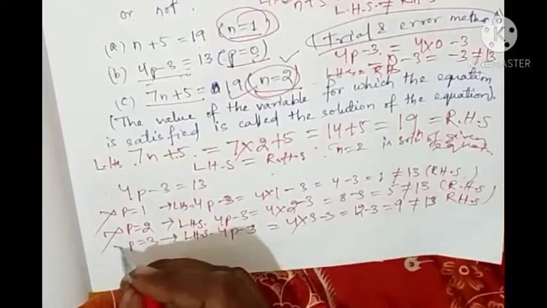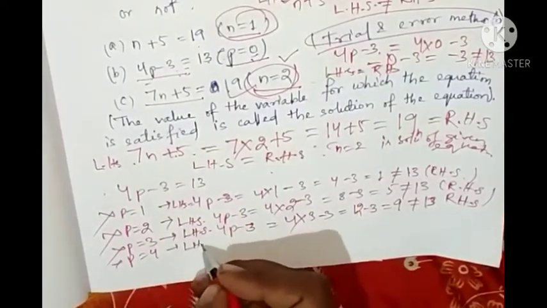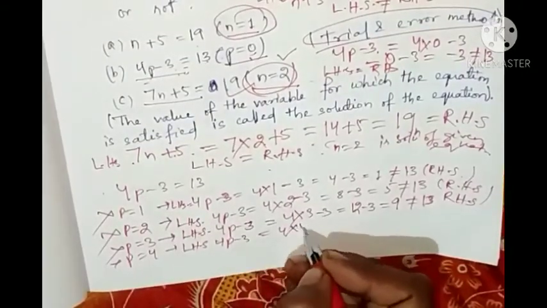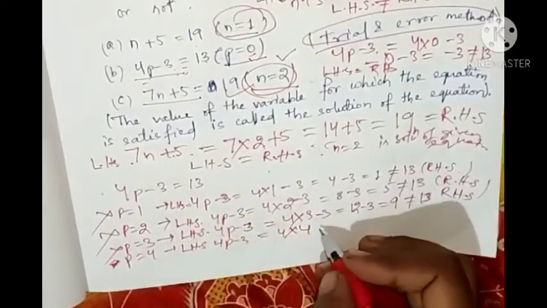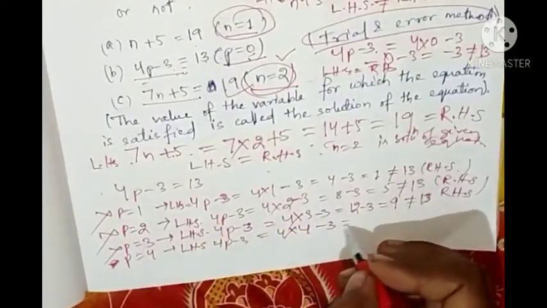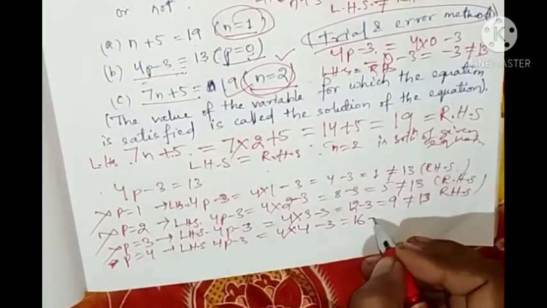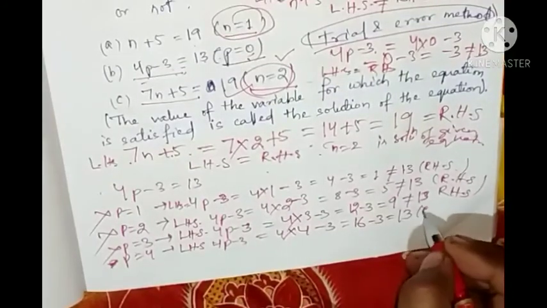So this is also not a solution. Next we will take p equal to 4. LHS 4p minus 3, 4 into 4 minus 3, 4 into 4 is 16 minus 3 equal to 13, which is RHS.